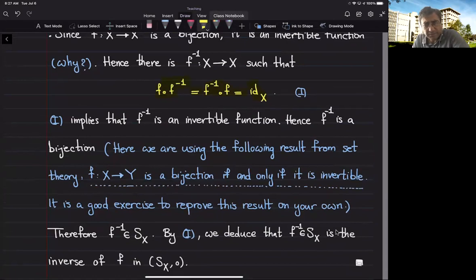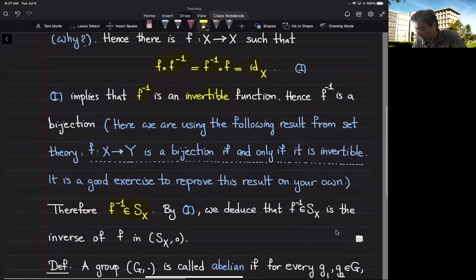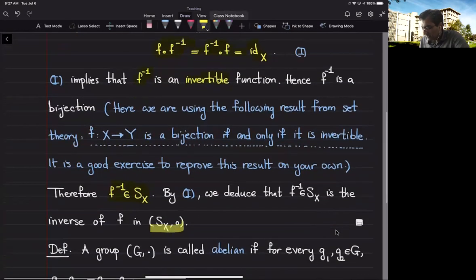Let me finalize and make sure that we also pay attention to this remark: when I have these equalities, we can deduce that f inverse itself is also invertible, and therefore it is bijective, and so it does belong to S sub X. It is important to point out that the inverse that we are finding also belongs to the set that we have been studying. So altogether, we get that the symmetric group is indeed a group.